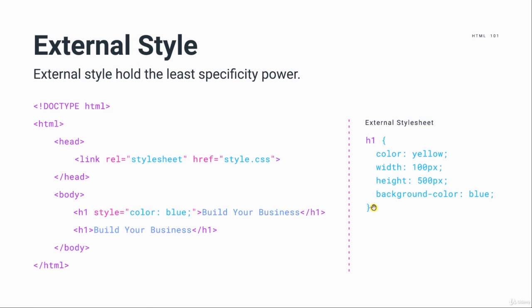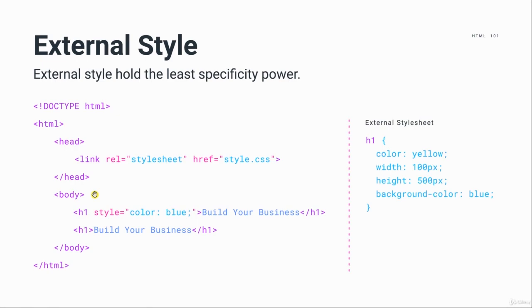We'll get to CSS later, I don't want you guys to worry. And then we declare some properties, and this is how we style an element behind the scenes with an external style sheet. And why do we say least specificity power? Because you can override these styles inside the HTML, but that's not the best practice.